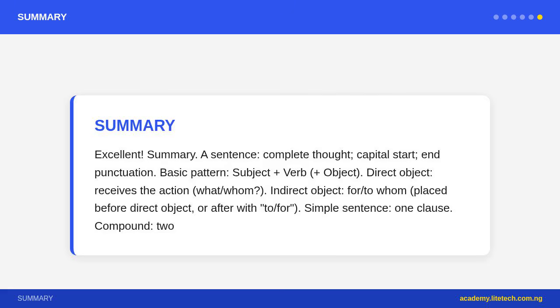Compound, two clauses plus a coordinating conjunction. Complex, one main plus one dependent clause. Sentence types by purpose: declarative, interrogative, imperative, exclamatory. Subject-verb agreement, the verb matches the subject in number. Expand sentences with adjectives, adverbs, adverbial and prepositional phrases. Avoid sentence fragments, run-ons, and subject-verb disagreement.